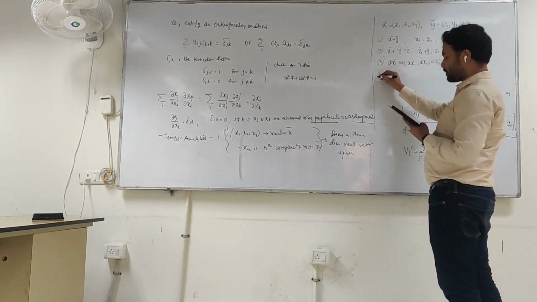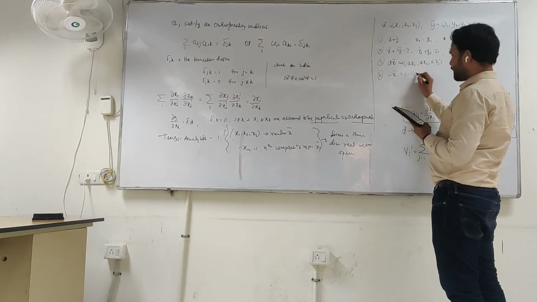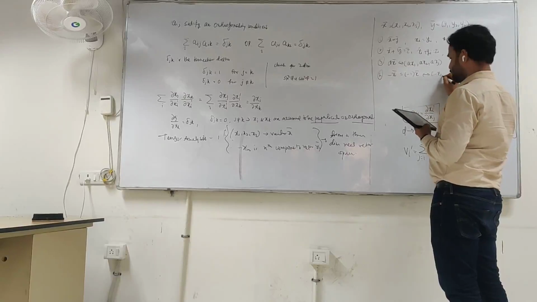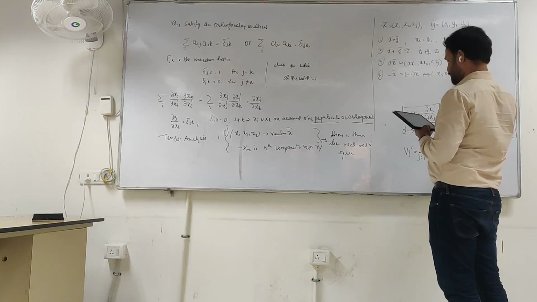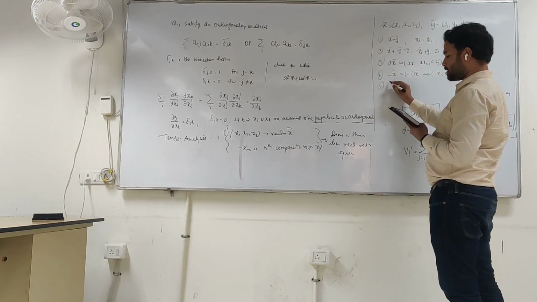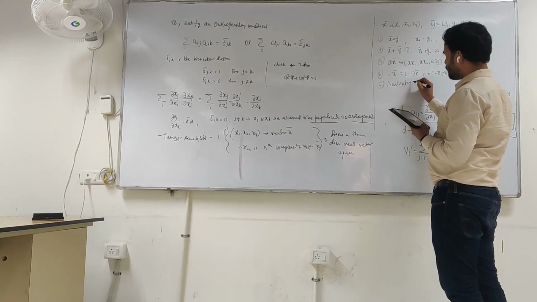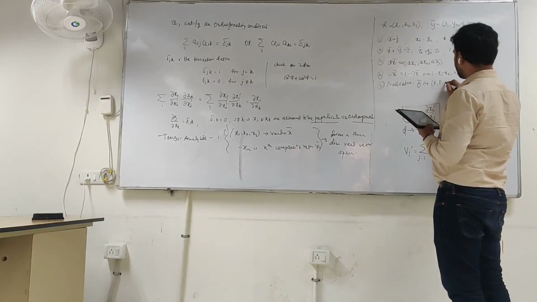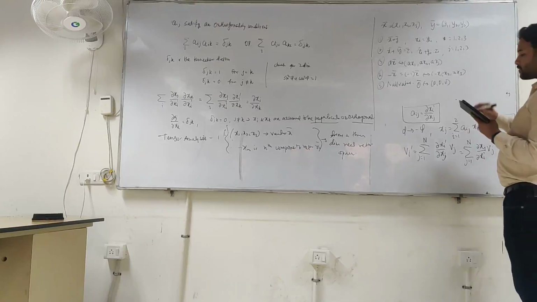The negative of the vector is defined as minus 1 times x bar, which is minus x1, minus x2, minus x3. And then you have a null vector, the zero vector, also defined as one of the properties.